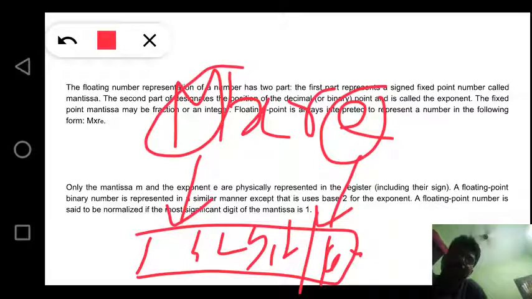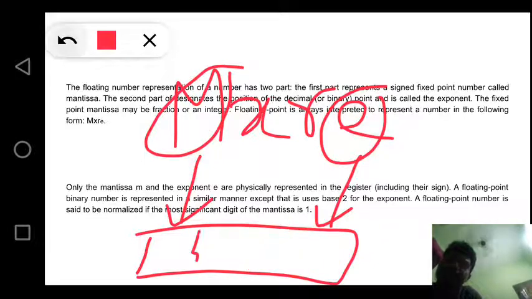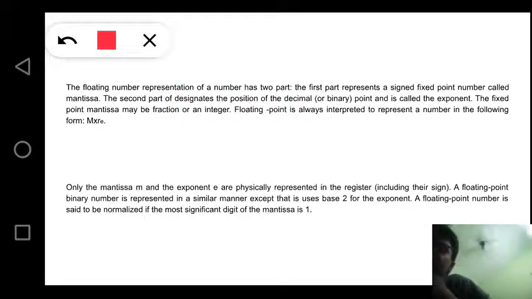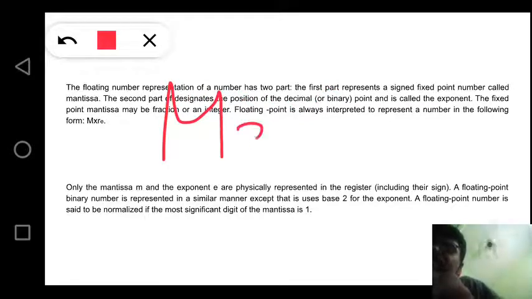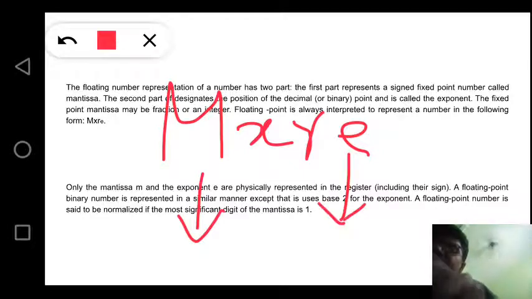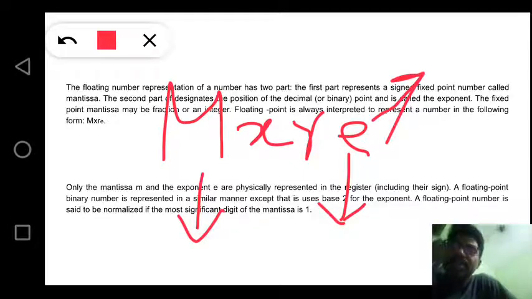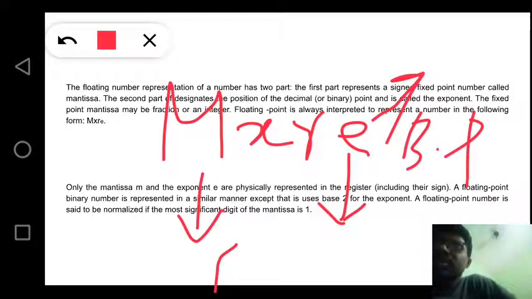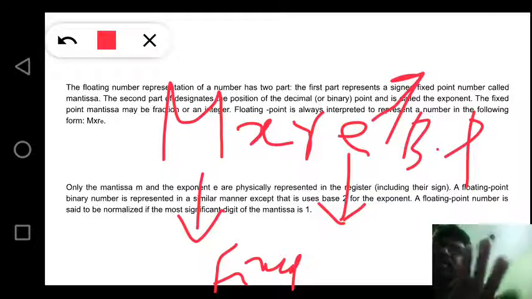A floating point number is said to be normalized if the most significant digit of the mantissa is 1. It is very important. If somebody asks what is a floating point representation, you just represent this number M x R^E, mantissa, exponent. What does the exponent say? It says the position of the binary point. Mantissa is a fixed point number, which means it can be a complete fractional part or integer part.